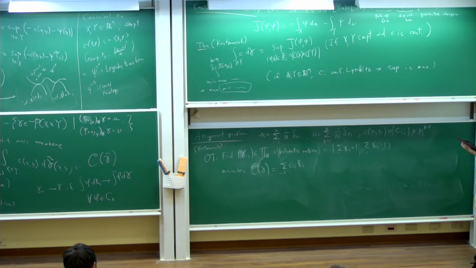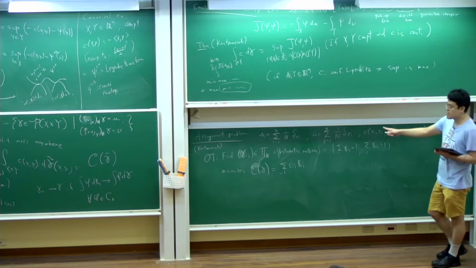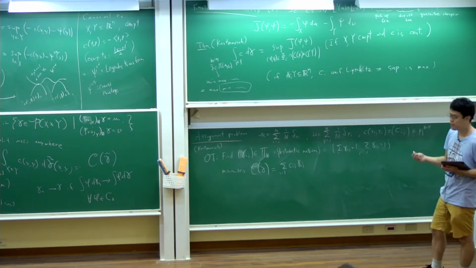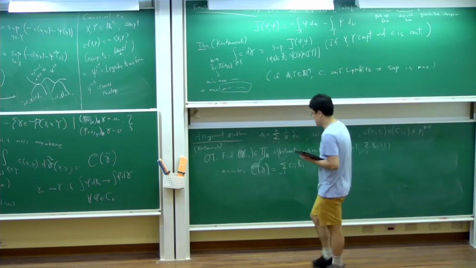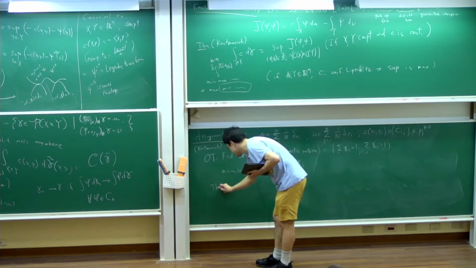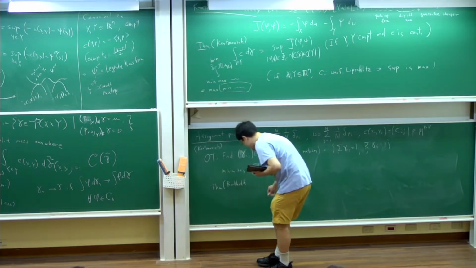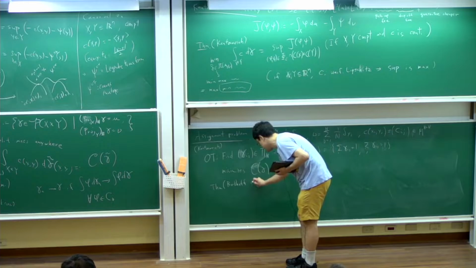So, it turns out that in this empirical case, you always have a Monge problem. There's the Birkhoff-von Neumann theorem.